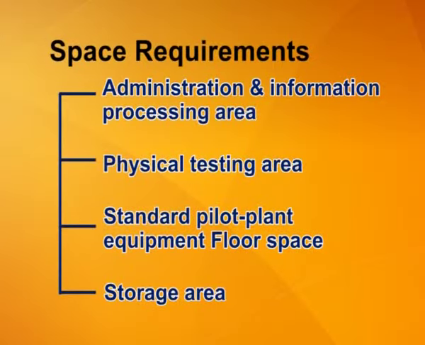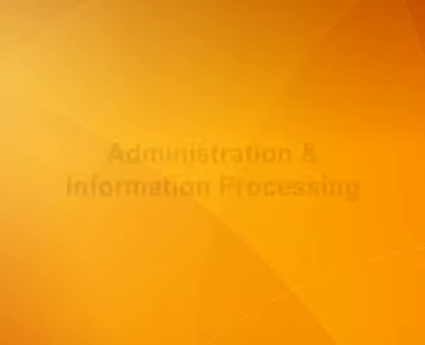Space requirements are divided into 4 areas. You may see on your screen, it is divided into administration and information processing area, physical testing area, standard pilot plant equipment floor space, and the last, storage area.